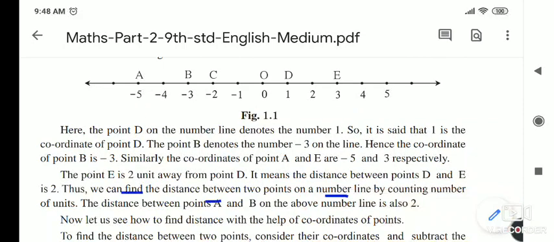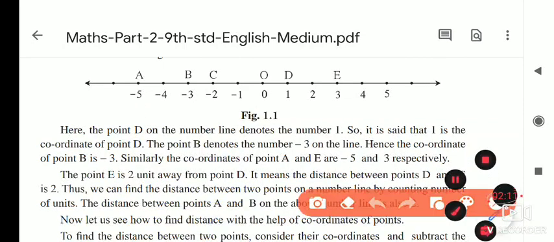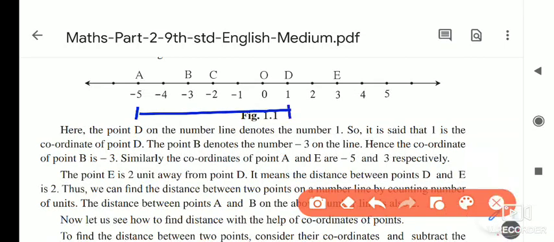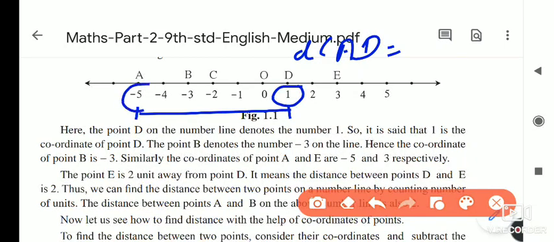One more thing we had seen is how to find the distance between two points. Suppose we have to find the distance between A and D. Distance of AD is equal to, how are we finding it? Whose coordinate is bigger here? The coordinate of D is bigger and A is smaller. Whenever we are finding the distance between two points, bigger minus smaller.